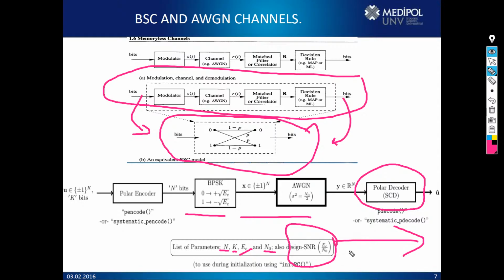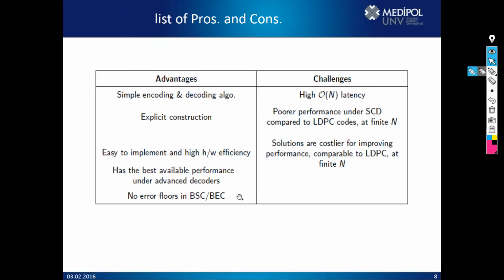It doesn't consume too much power while encoding, it has the best available performance under advanced decoders. When you use sophisticated, powerful decoders, it can give you very good performance, and most importantly, it has no error floors in binary symmetric channels and binary erasure channels.